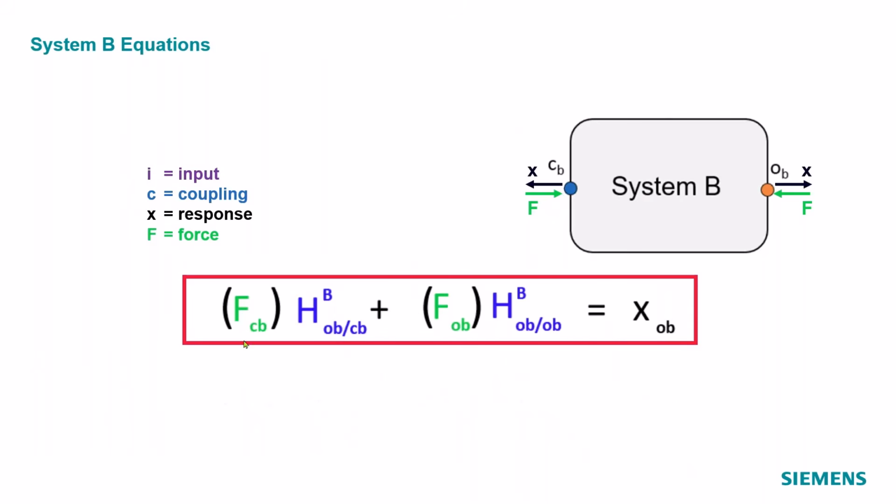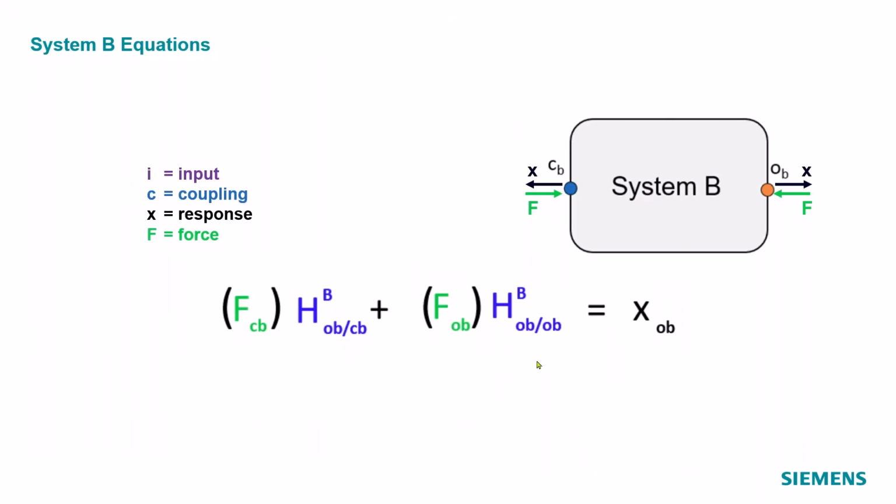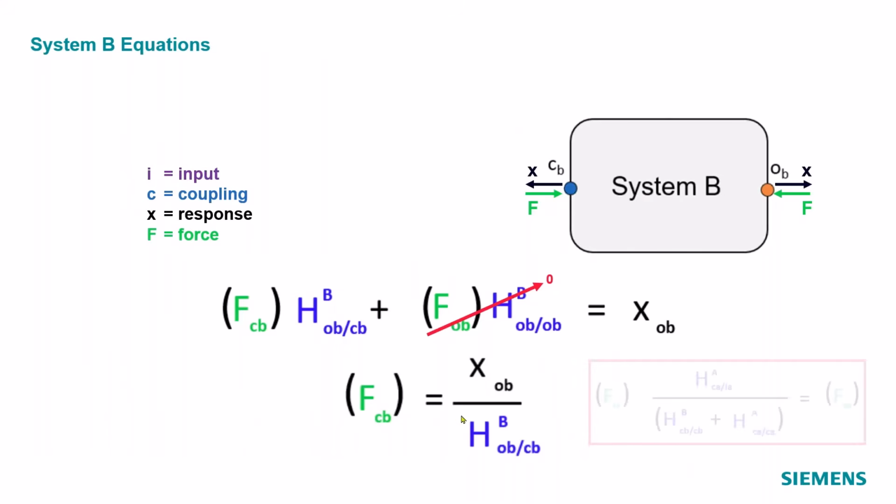And so now I'm going to isolate F sub CB from this equation that I have from just the system B analysis. Our F acting on the output of B is still 0. And so this term goes away. And so I can isolate F sub CB as just X sub OB divided by the cross FRF output from the input across system B. So now I've got FCB identified in 2 different ways.